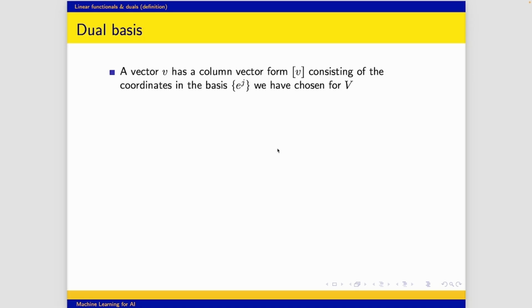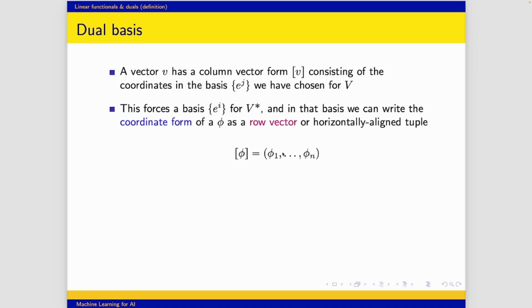So we can now define the coordinate form of a linear functional or covector phi as the tuple of these numbers. And again, we put these square brackets around phi to indicate that we're talking about the coordinate form. So we have now a coordinate form for V, which is V1, V2, up to Vn, this tuple.